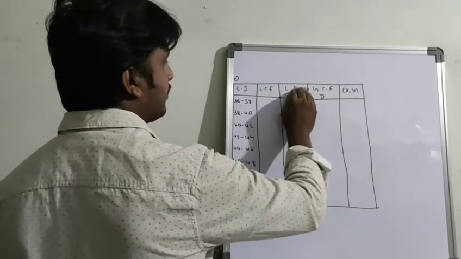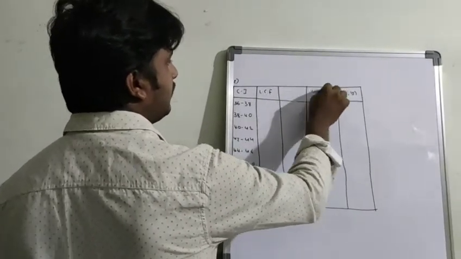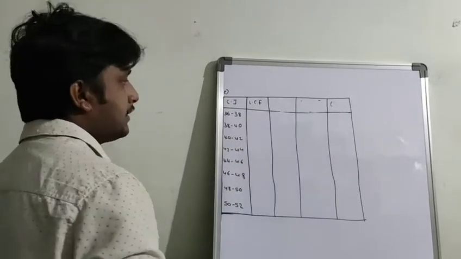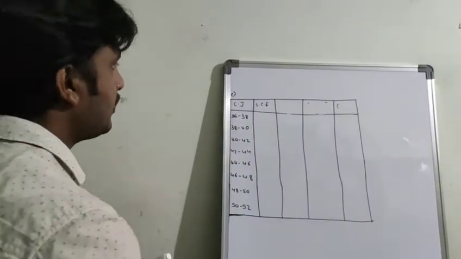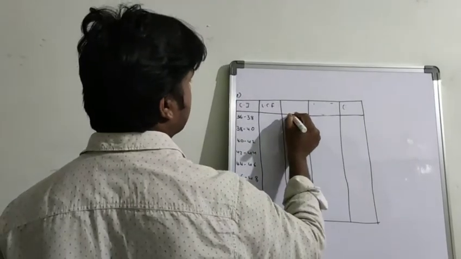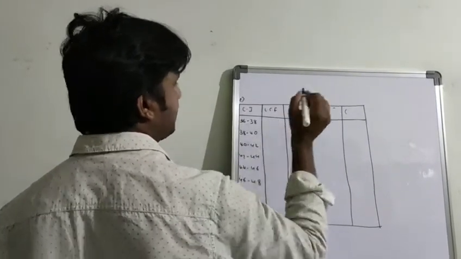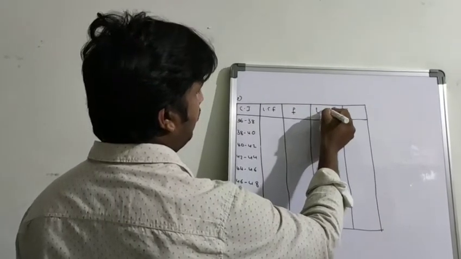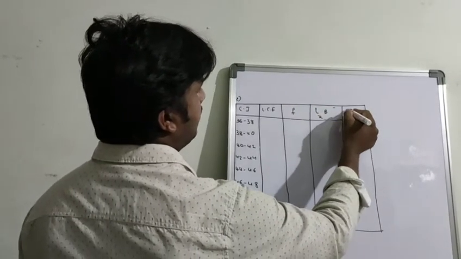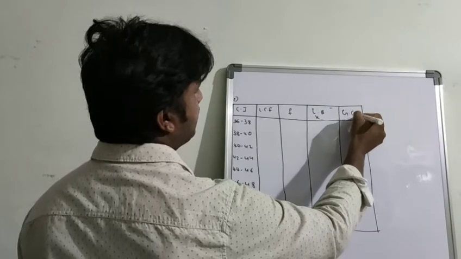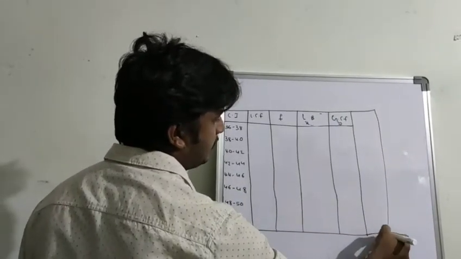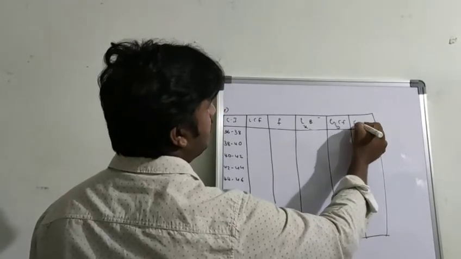In the question, less than cumulative frequency is given, so one more column will be added. This is the less than cumulative frequency, but for the more than type, what do we need? Greater than cumulative frequency. So first we identify the frequencies, next the lower boundaries, which is x, next the greater than cumulative frequency, which is y, and another column for the points x comma y.